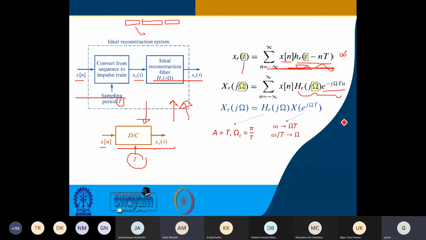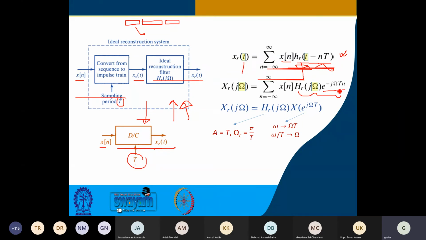Sir, this is the continuous time Fourier transform, right? Continuous time Fourier transform, yes. Okay. Is it okay? hr(t) to Hr(j omega), then hr(t minus nT) is Hr(j omega) times e to the power minus j omega T n. This is from whatever you've studied before in math courses or other courses. Otherwise, you can just substitute into the basic equation and you'll see that it is like this.